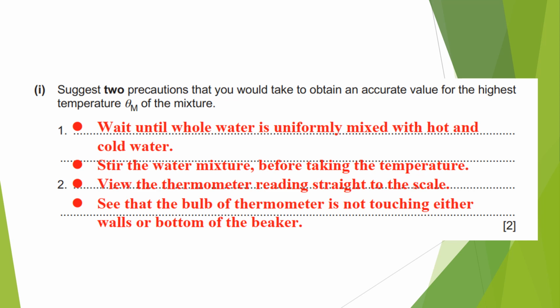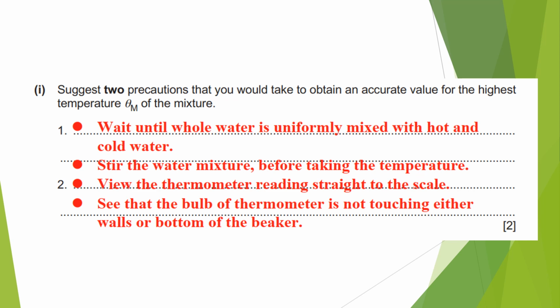If we stir without wastage of time, then we can immediately get a uniform temperature and record it using the thermometer. When the temperature is recorded on the thermometer, dear students, it has a scale, so we have to avoid parallax error. View the thermometer reading straight to the scale.